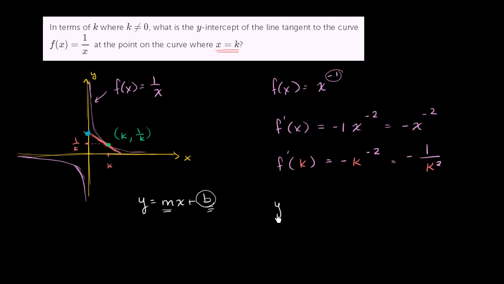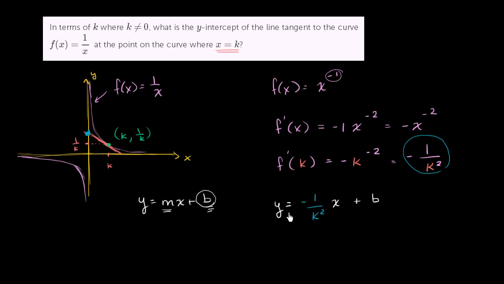So we could say y is equal to our m, our slope of the tangent line, which we just figured out to be this thing right over here. Negative 1 over k squared times x plus b. So how do we solve for b?